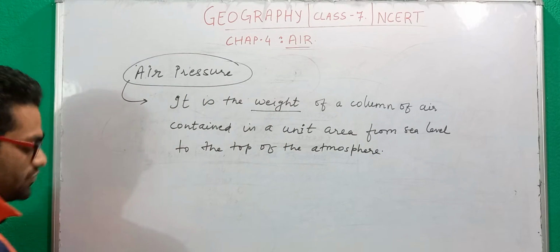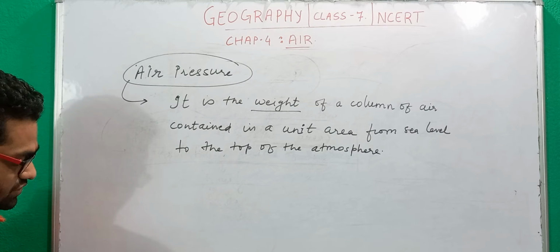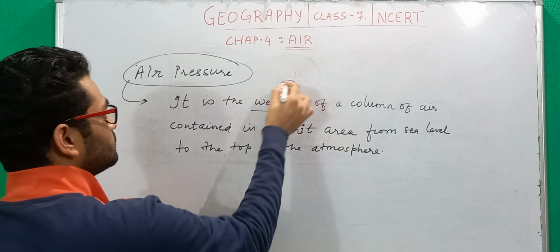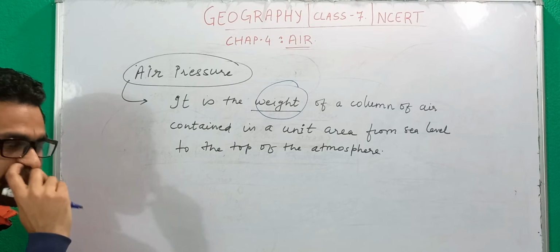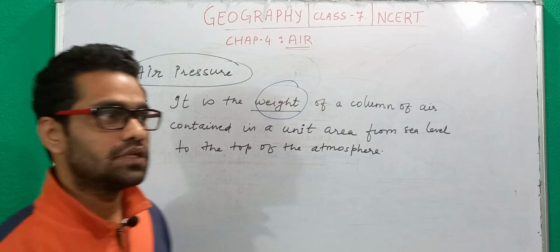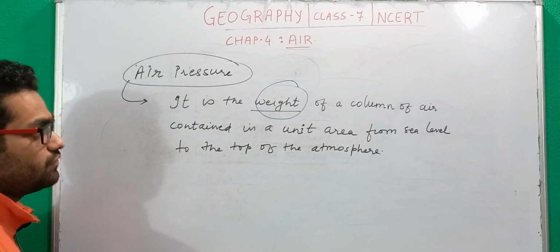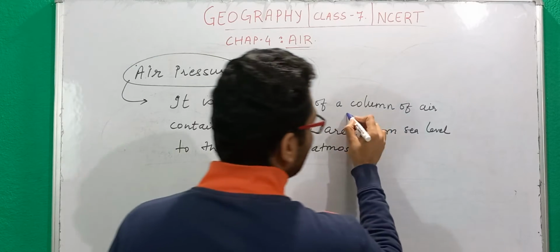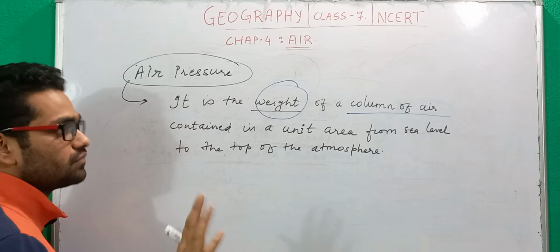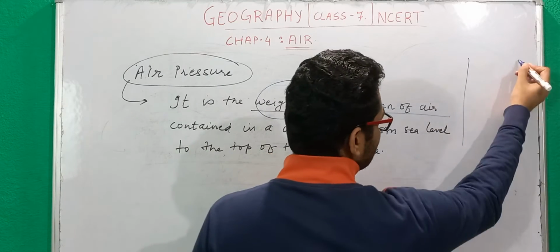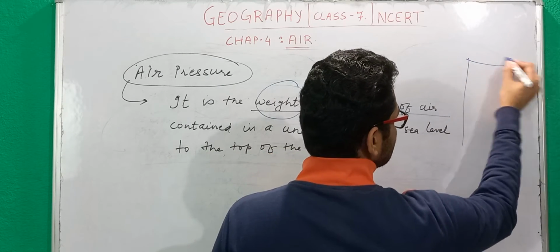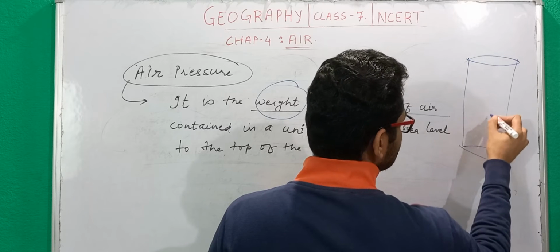Let me clarify what I mean when I write this. It is the weight. You have weight, and similarly air also has some amount of weight. So it is the weight of what? A column of air. Let's suppose this is the column and this is air contained in it.